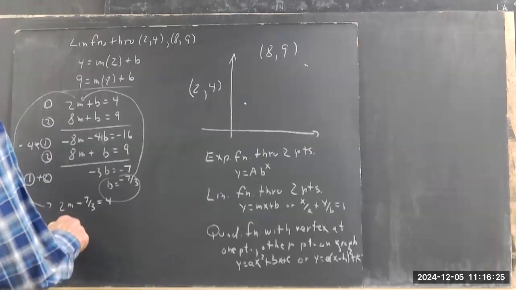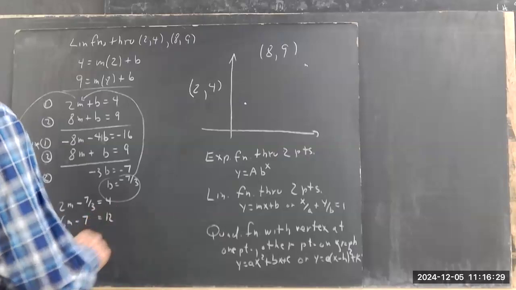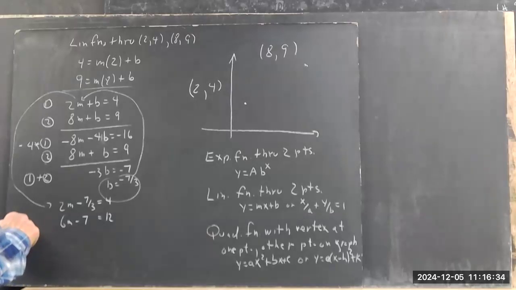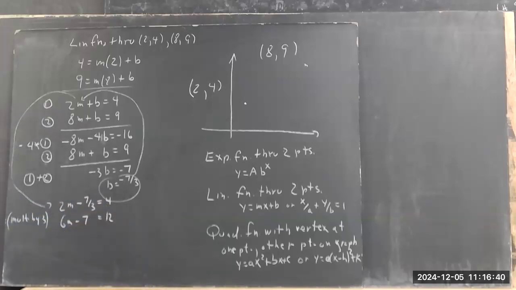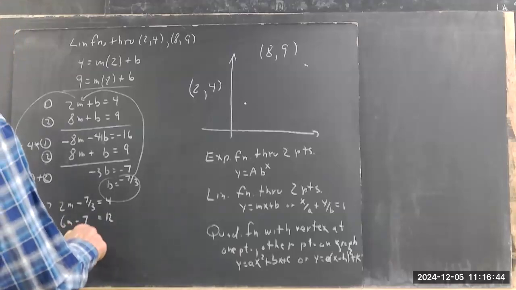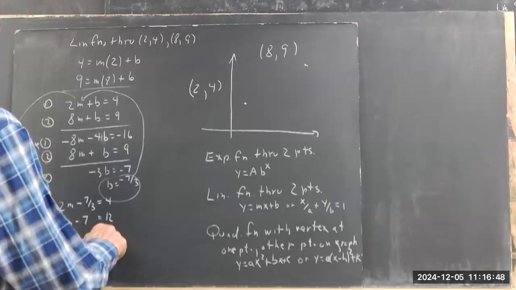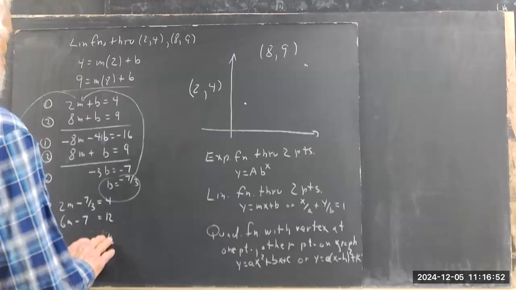It's much easier to multiply everything by 3. I get 6m minus 7 equals 12. We multiply by 3, meaning we multiply both sides by 3, which gives us the solution: m equals 19/6.